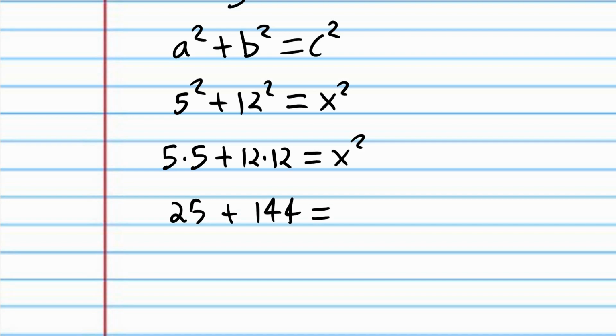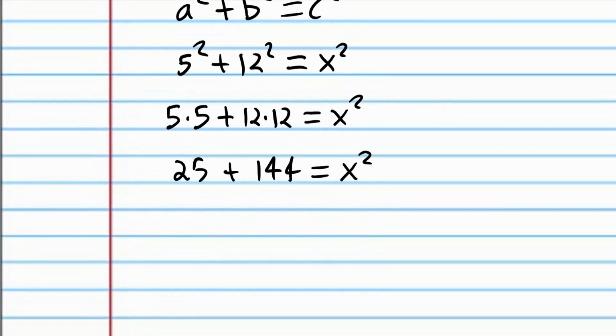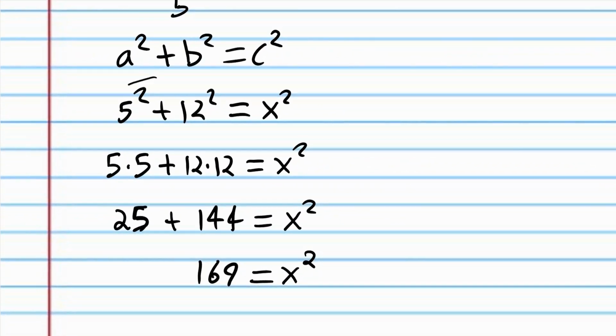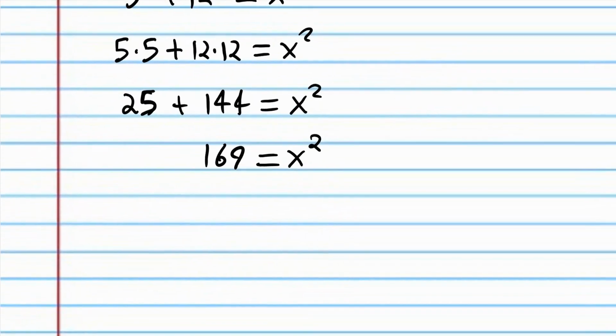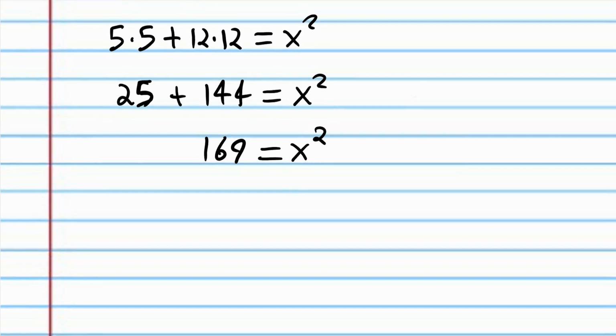If you don't know that, just plug it into your calculator. 25 plus 144 is 169, and now you can see we're getting closer to solving this equation. We're looking for x. So again, that's what raising to the second power means. You need to remember that for the rest of the problems. We're going to do a lot of practice problems before you try one on your own, but that's something you're going to need to keep in mind.